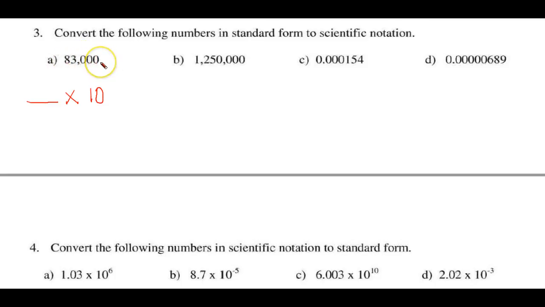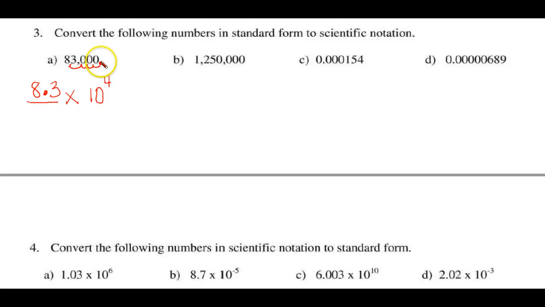So what we do is we get our decimal point and we just move it to the left. 1, 2, 3, 4. So we get a number 8.3. We moved a big number over to the left 4 places, so it's 10 to the 4th.